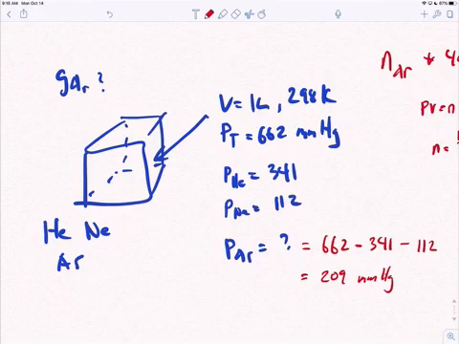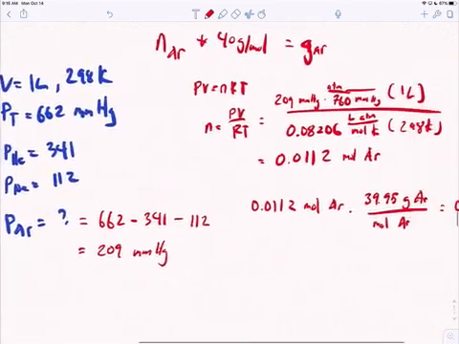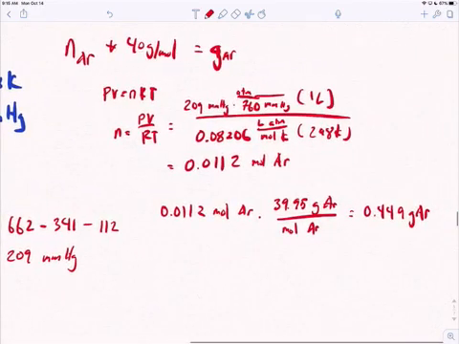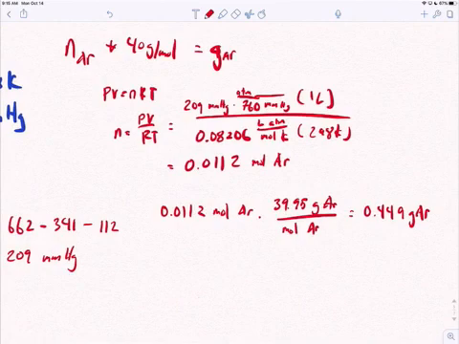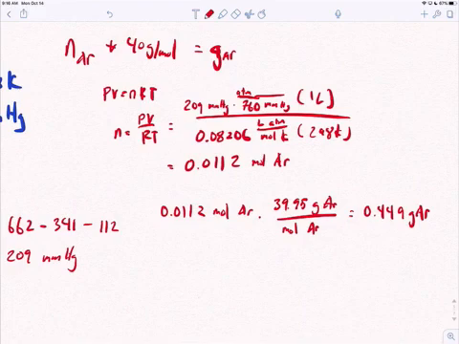So we take the total pressure minus the pressure of the other two gases to get the pressure of argon, and then ideal gas law to figure out the moles of argon, periodic table, figure out the mass of argon, which is about 0.0449 grams of argon. Questions with how to do this one?